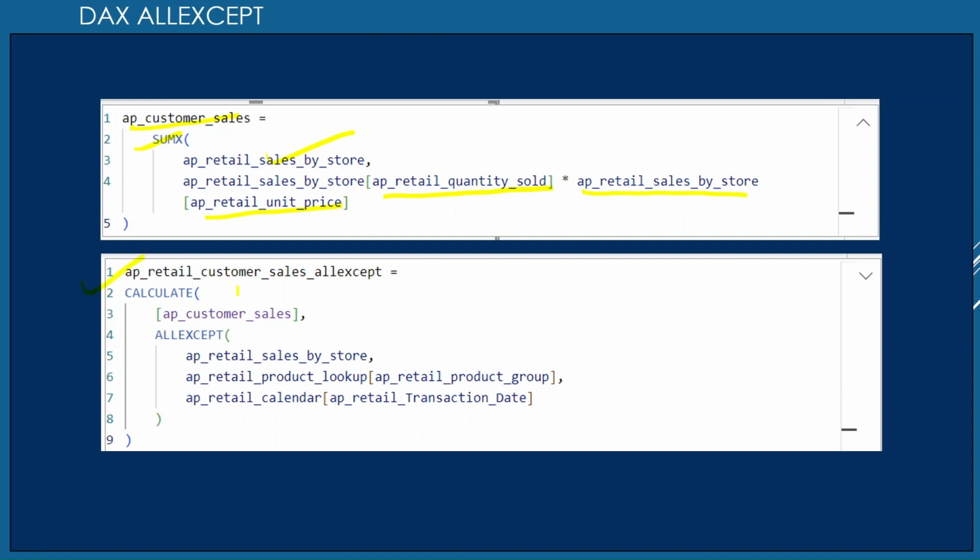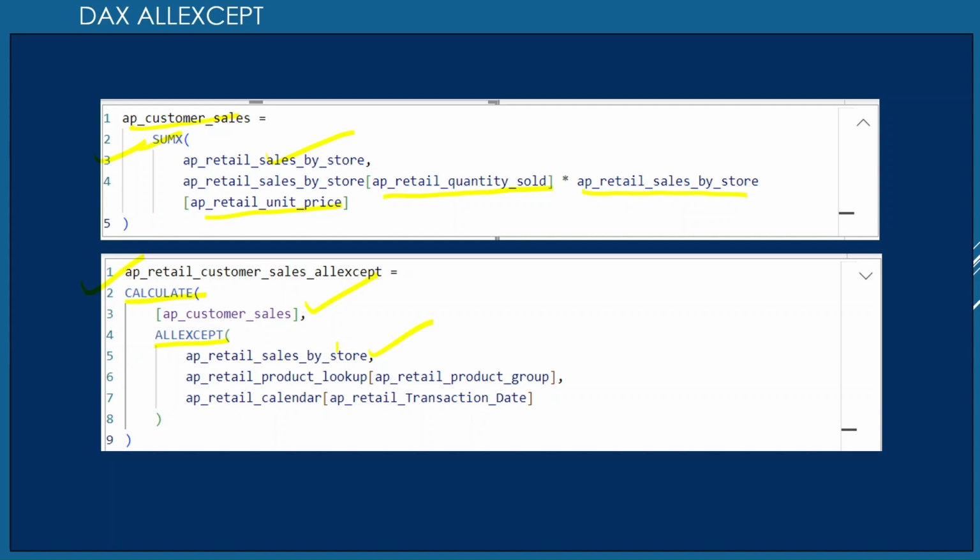This is the second measure. It is using the CALCULATE function. This is the measure on which we are doing the calculation, which we created above. Here we are using the ALLEXCEPT function, and the table we have written is AP retail sales by store.